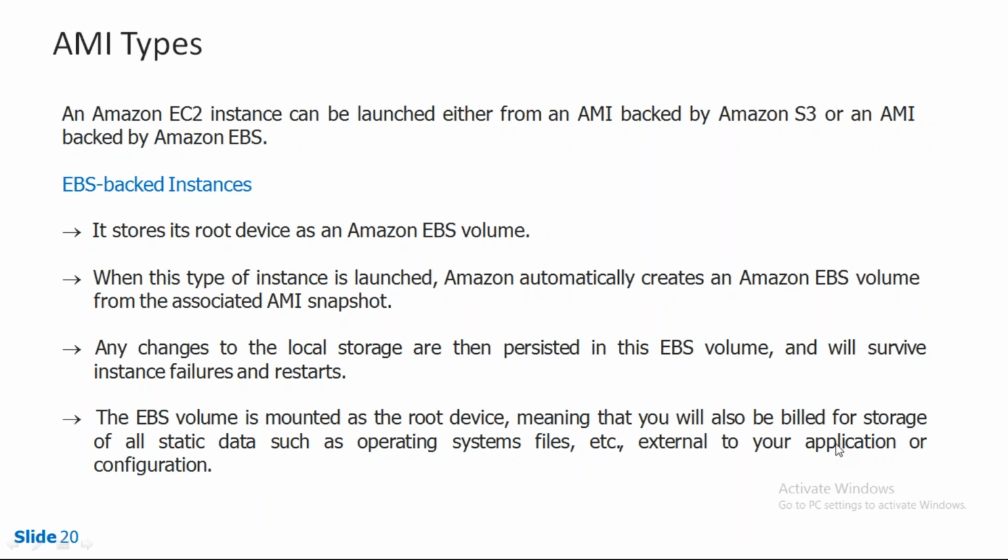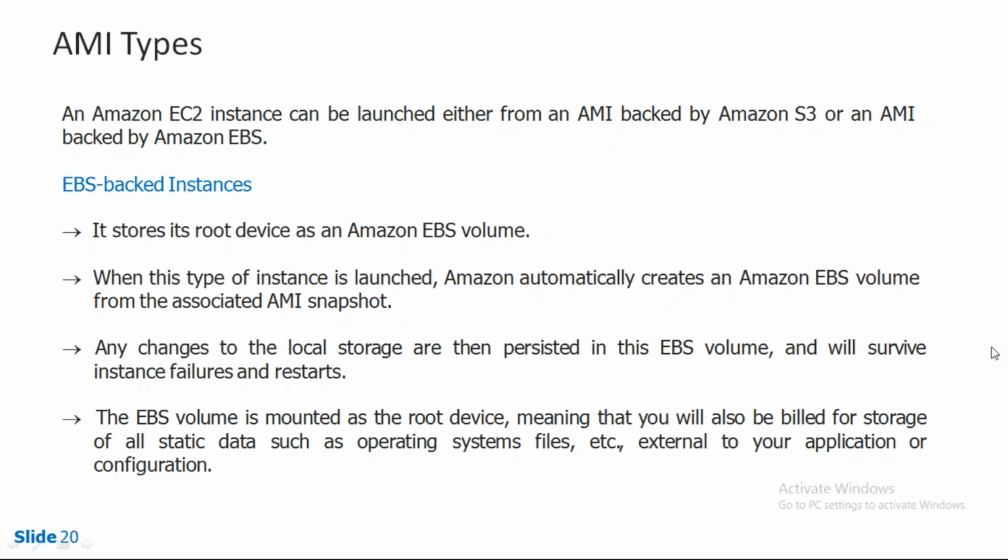So make a note that you are not only paying for an EC2 instance, but also paying for the EBS volume that is created. You will also be billed for storage of all static data such as operating system files, external to your application or configuration.